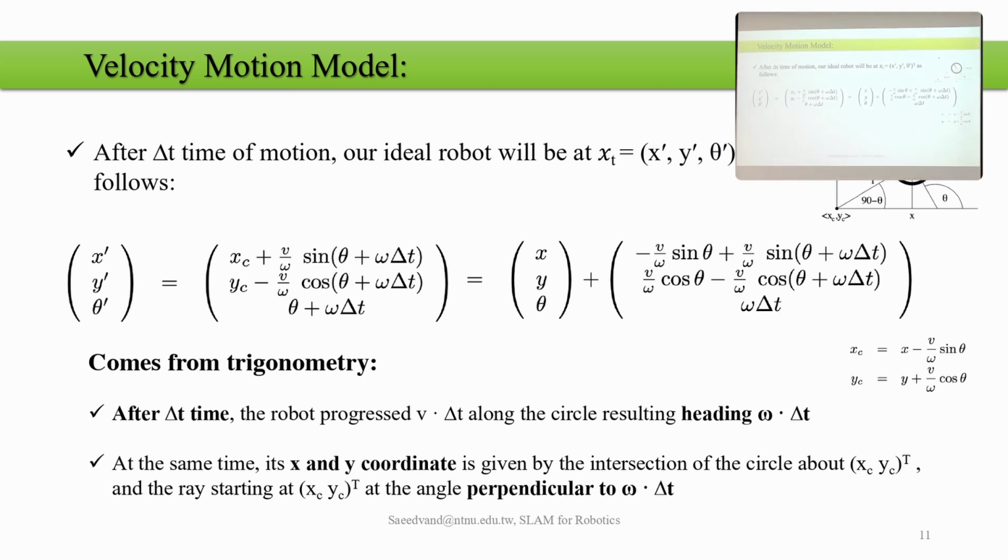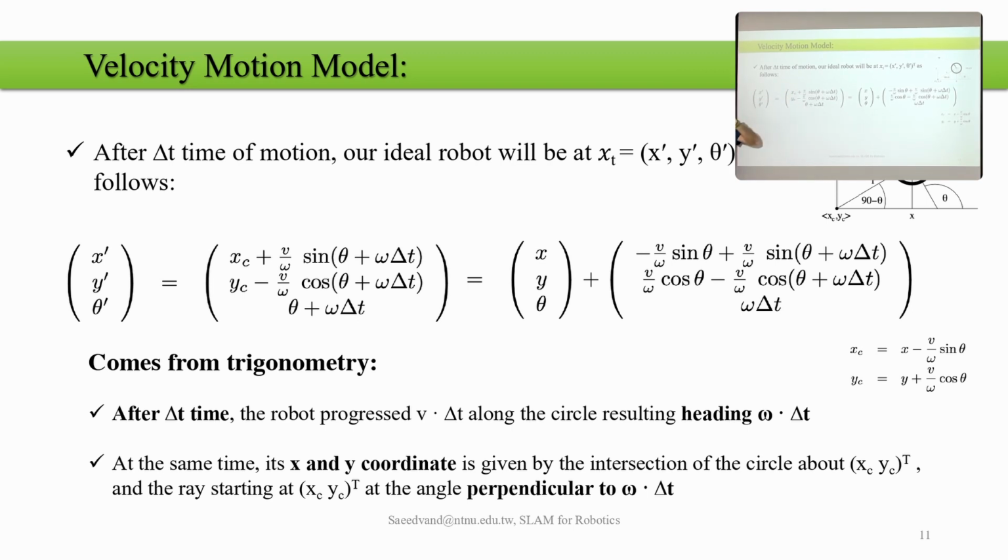So what does it mean? It means that the new pose of the robot is equal to the old pose x, y, theta added by the calculation of the translation on the xy and the rotation. Again, xc and yc came from this term over here, and here xc and yc are just replaced by those, and we plug them in the term over there.